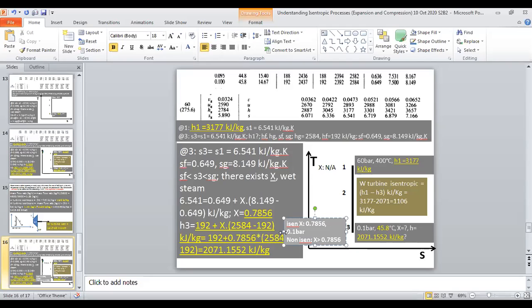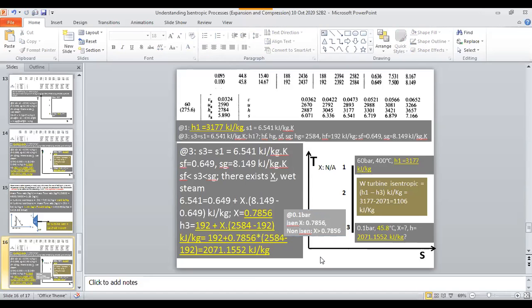So for non-isentropic, x is more than this, again at 0.1 bar. So you have noticed this. This is the observation.